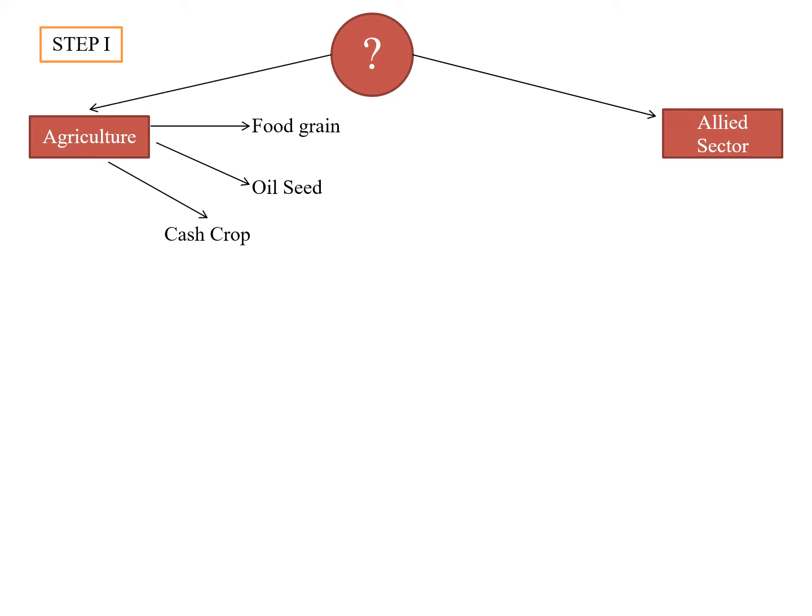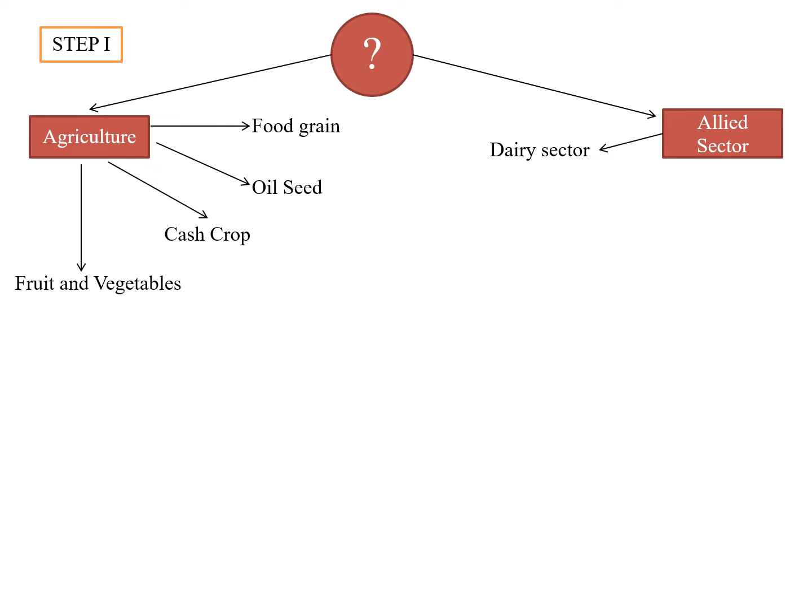You can choose that sector also. You can also choose fruits and vegetables. Nowadays, tomato, onion and potato are the top priority in the vegetable sector, and in the fruit sector you can choose mango, banana, looking into the demand of the market scenario.